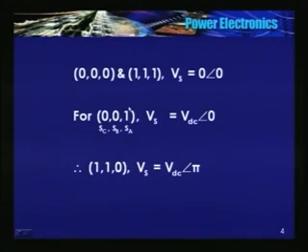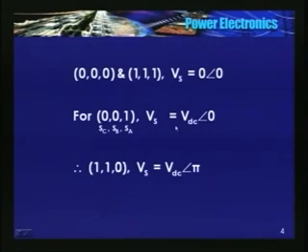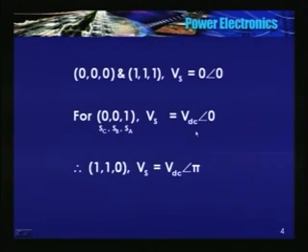I took the upper device of phase A on, and the lower devices of phase B and phase C on. For this state, we found that the magnitude of the space vector is the magnitude of the entire DC link, the whole DC link VDC. It has only an x-axis component.